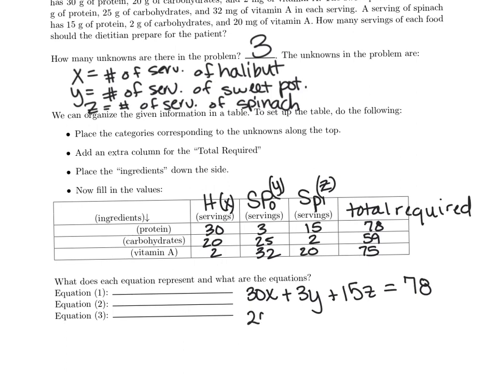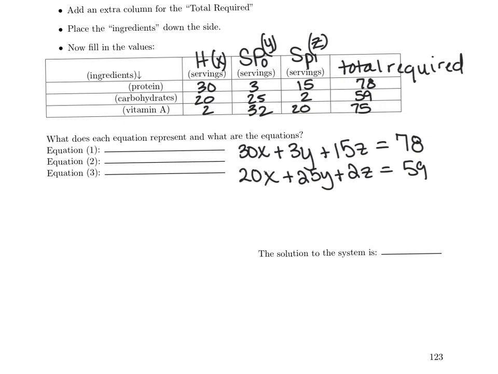We go to our next one, 20x plus 25y plus 2z equals the total, 59. And then the last equation is 2x plus 32y plus 20z equals 75.